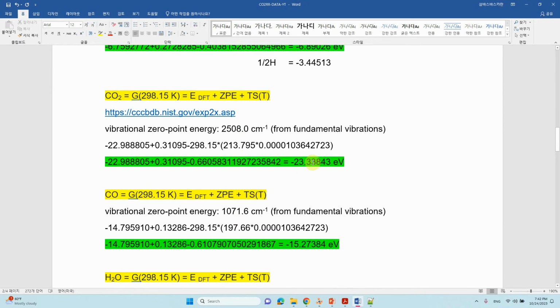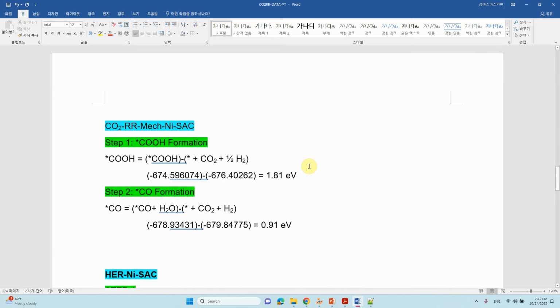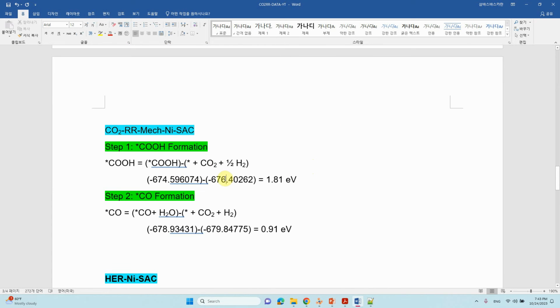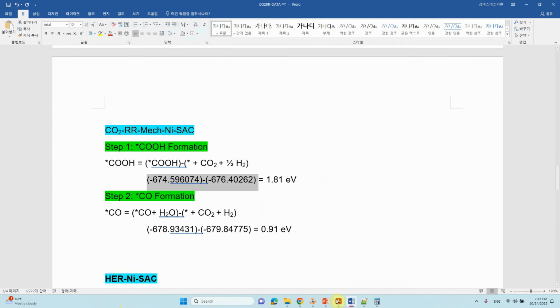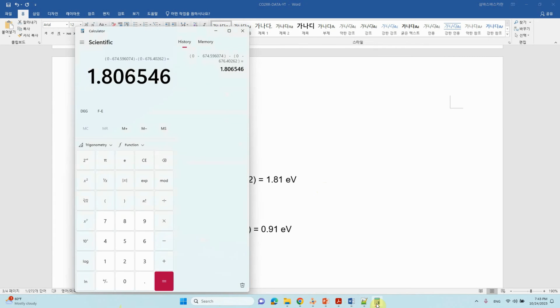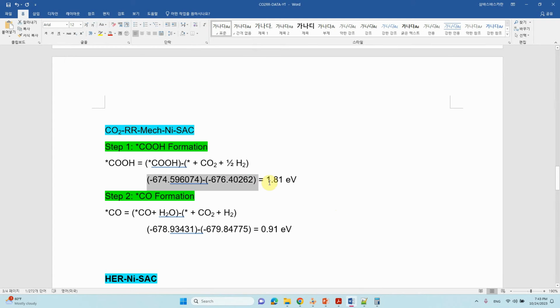Take these three, add them and put it here. You can use a calculator for this. Click, and you will get 1.80. So 1.806, I round up to 1.81. This is the first step.